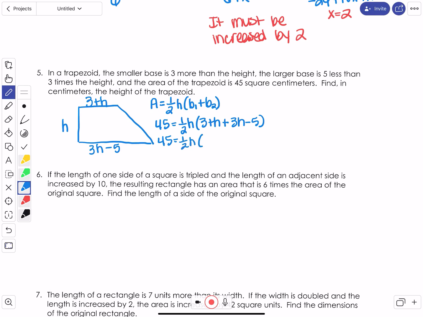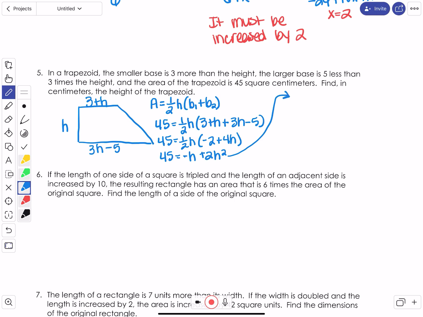If I combine 3 minus 5, that's going to be a negative 2 plus 4h. And then I'm going to distribute the 1/2 here. So 1/2 times -2 is going to be a -h. And 1/2 h times 4h is going to be a positive 2h squared.